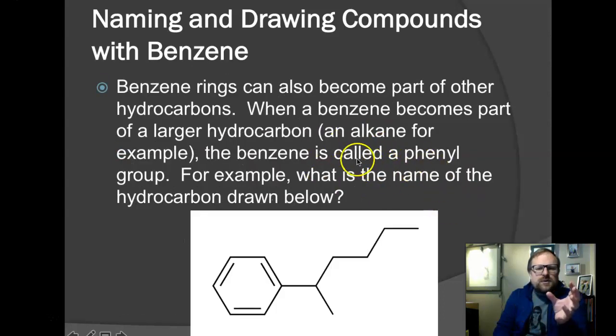When we get into drawing compounds or situations where benzene is no longer the parent chain, it is a branch on a longer chain, we call the branch that has the benzene in it a phenyl group. This compound here has this benzene ring, and by the way, this is another way you can draw benzene. Instead of doing the circle, we can just do our alternating double and single bonds without showing any carbons and hydrogens.